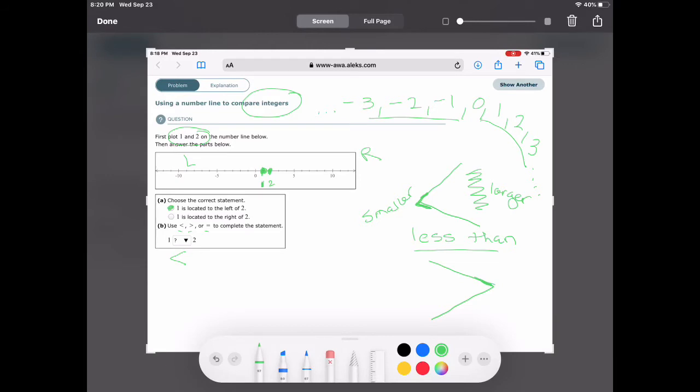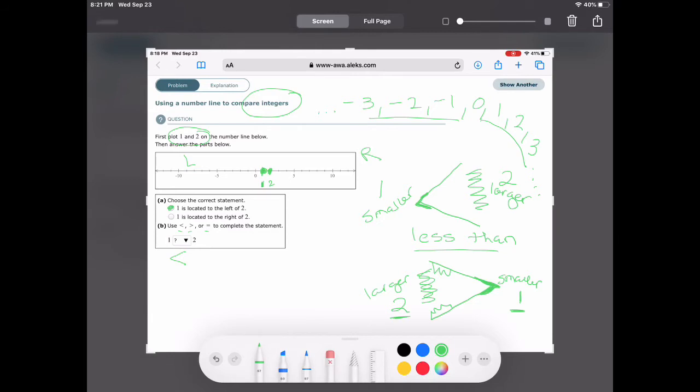In this case, this small pointy side would be the smaller side, and this big open side would be the larger side. If I'm talking about the numbers 1 and 2, I would have 1 here and 2 here. In this case, I would have 2 on this side and 1 on this side. So see how the little point is pointing at the smaller, and this big open part is pointing to the larger. Lots of you like to talk about alligators, and that's okay with me too.